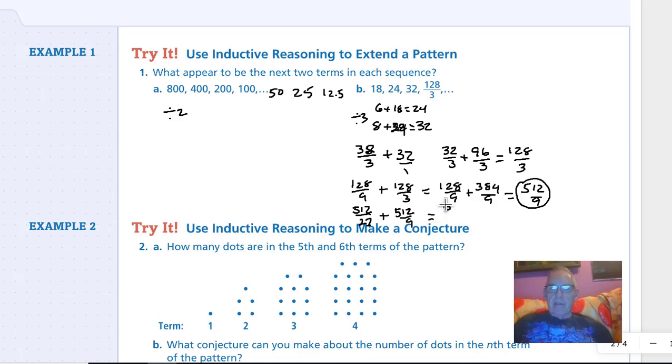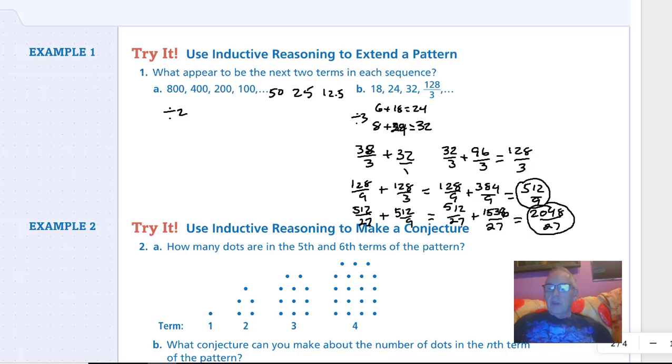So I have 512 over 27 plus 1536 over 27. And when I add those together, I get 2048 over 27. And then we could continue the pattern the same way.